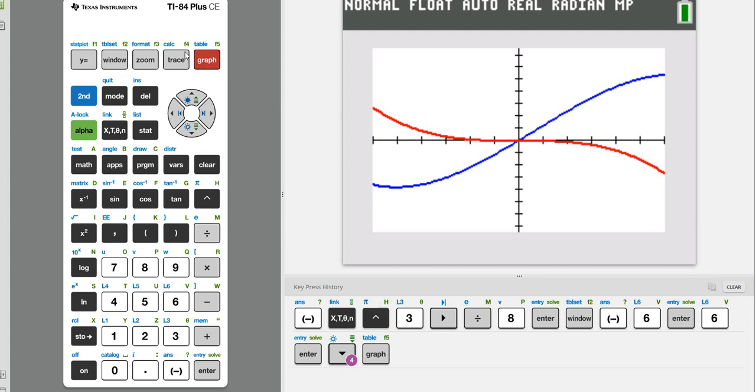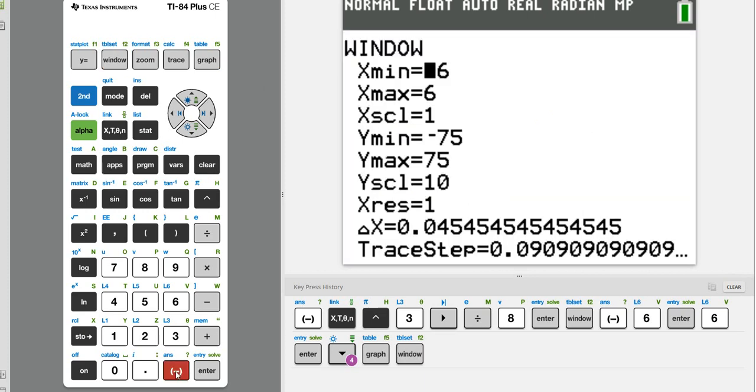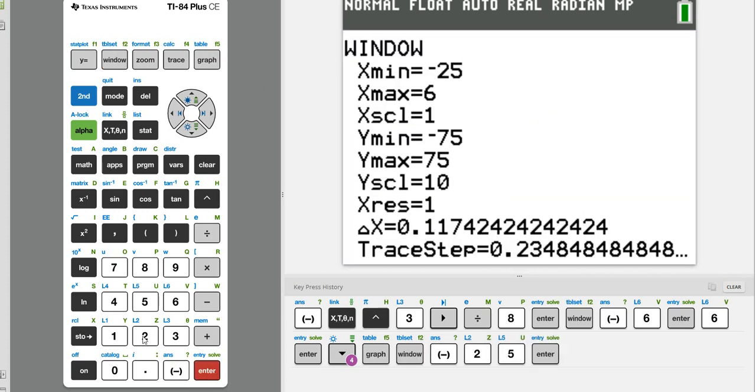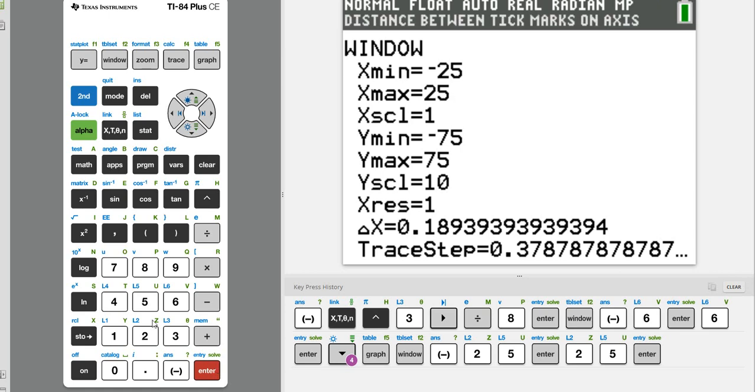Wow, these graphs look nothing alike, do they? They look pretty different. But what I say is that the farther and farther away I get from x equals 0, the farther away I get from the x-axis, the more these graphs are going to look similar. So let's try, say, negative 25 to 25 on the x-axis, and I'm going to make x scale equal to 5 here.